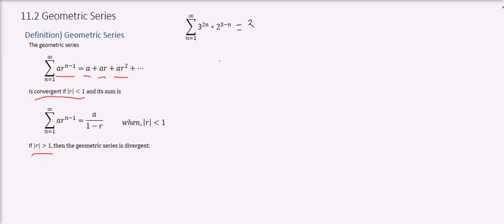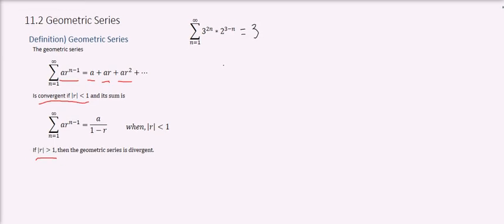So we're going to have 3 to the 2 times 1 times 2 to the 3 minus 1, which is the same thing as saying we're going to have 3 squared times 2 squared.